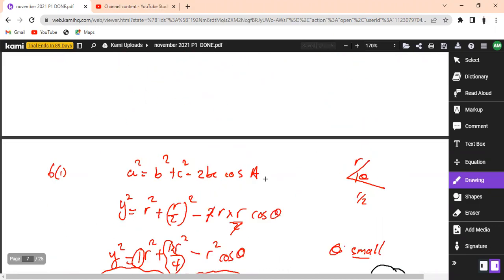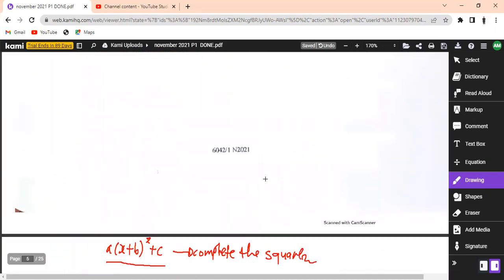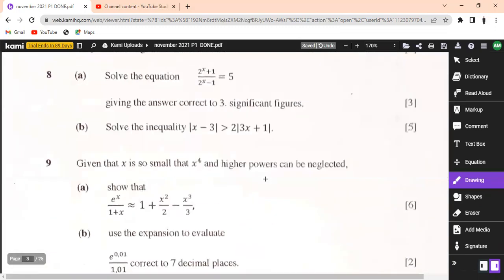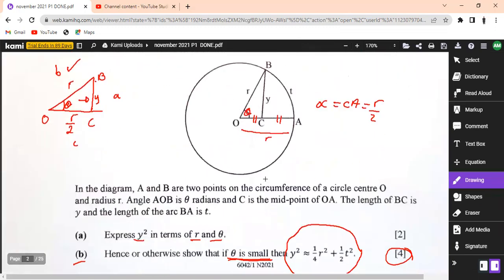Let's get back to where t is on our diagram here and see what actually happened. This is where we've got t here from A to B, which is the length of the arc. Remember, we said this is the length of arc, and we know that length of arc is equal to r theta, that is radius times theta. In this case, the length of arc is t. So t is equal to r theta.